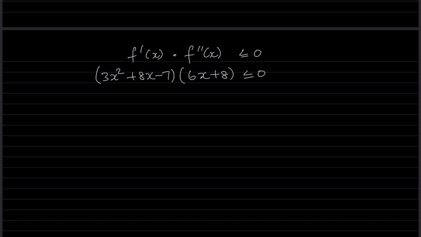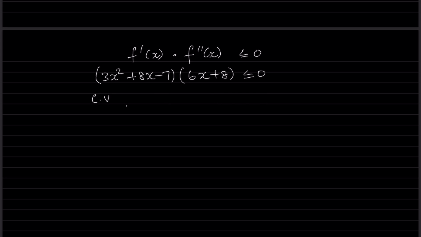Now from here, we treat it like a normal inequality, okay? We factorize this, and once we factorize, we then get critical values, and then we can solve. And again, use your calculator. So let's just go straight to the answers. These are my critical values.